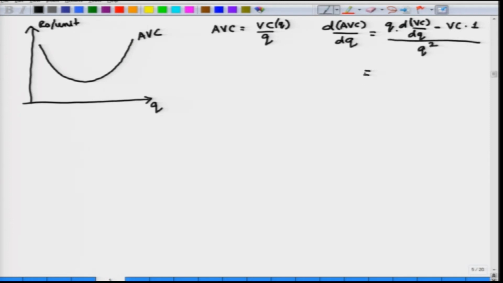So, this essentially means that it is Q times the change in the variable cost with respect to output.